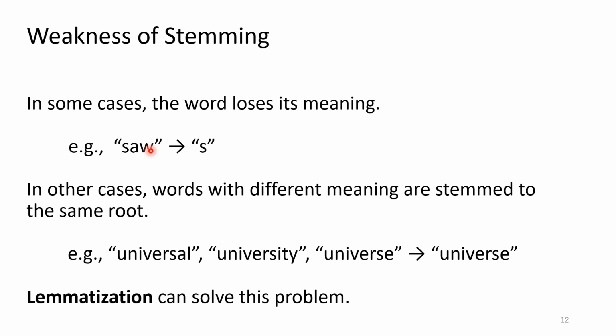So if we apply stemming to the word so, it becomes just S, and the meaning of the word is lost. It depends on the dictionary for stemming. Yes, it's an ordinary stemming tool package.